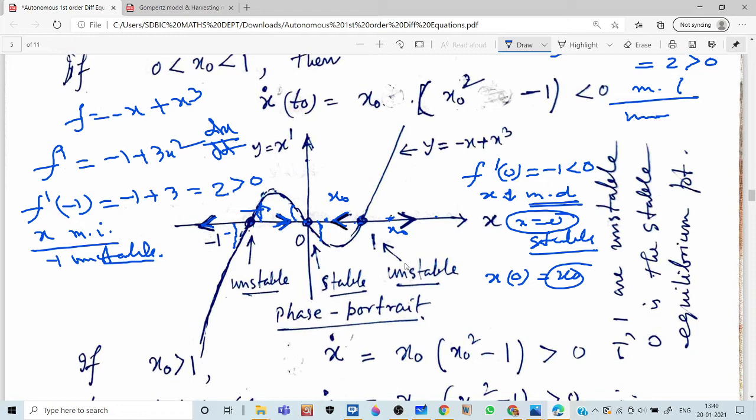So 1 is an unstable point, 0 is a stable equilibrium point, and -1 is also an unstable equilibrium point. This is the phase portrait.